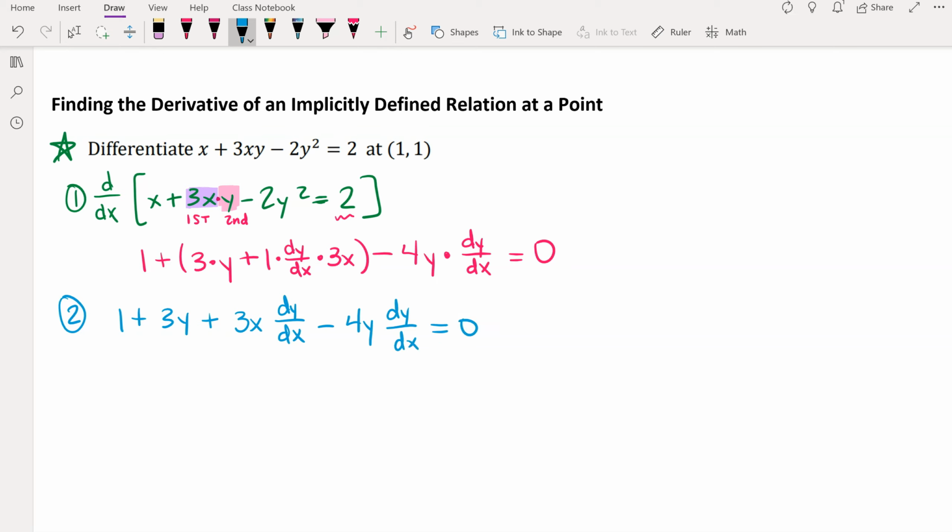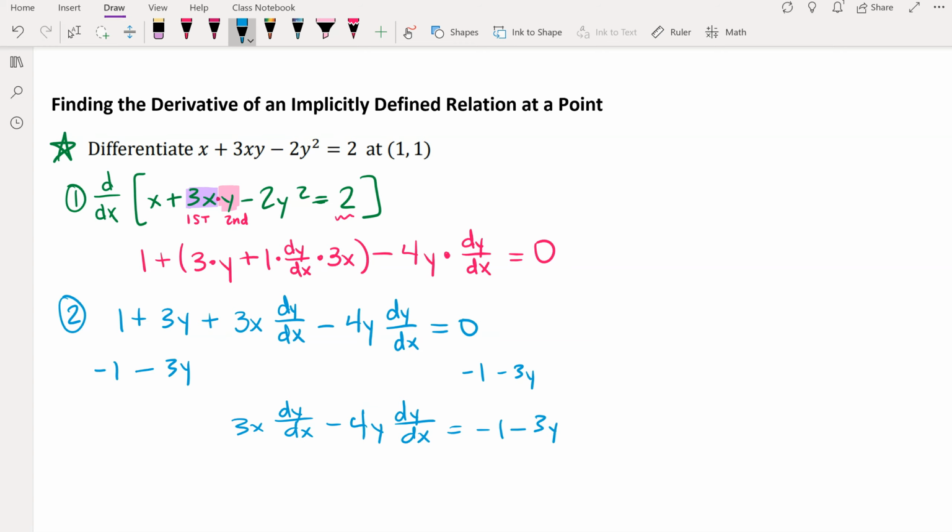All right, first step to isolating dy/dx, you need to get everything else on the other side. So anything that doesn't have dy/dx, move it to the other side of the equal sign. So we're going to do minus 1 and minus 3y on both sides. And then we have 3x dy/dx minus 4y dy/dx equals negative 1 minus 3y.